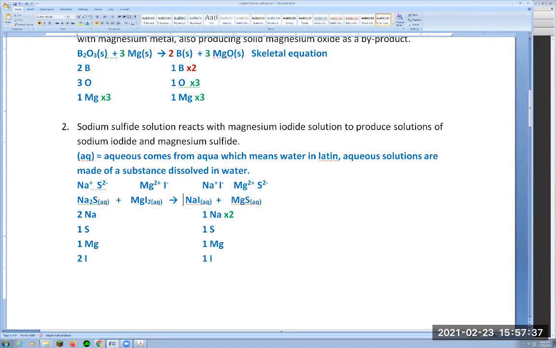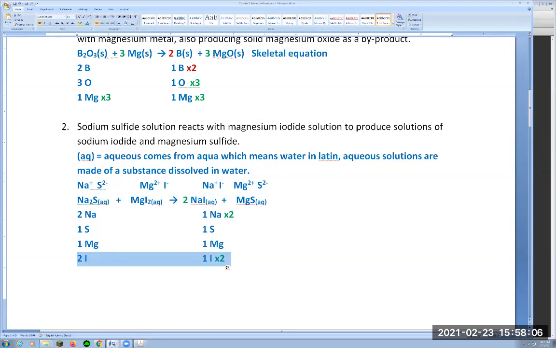So the coefficient of 2 will go in front of NaI because that's the formula that has the sodium. However, when you're doing that, it also changes the number of iodine. So the times 2 here also will change the count of iodine to 2, which is convenient because we had 2 iodine on the left and only 1 on the right, and now we have 2 on the right. So it balances the iodine.